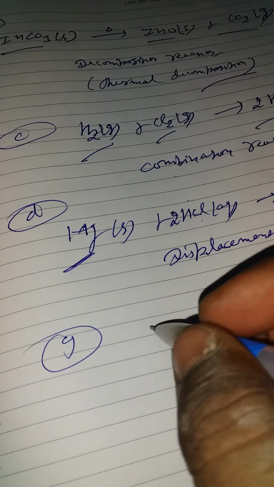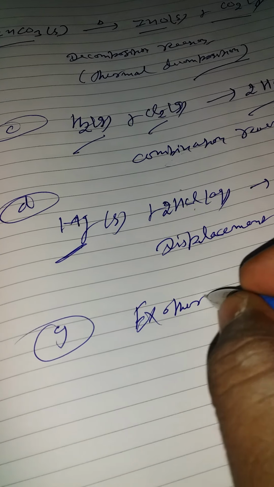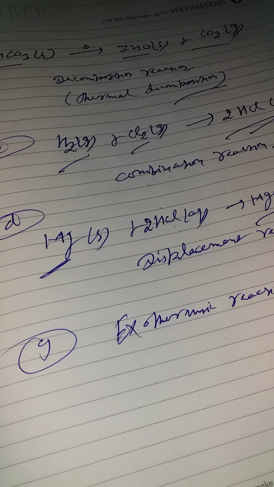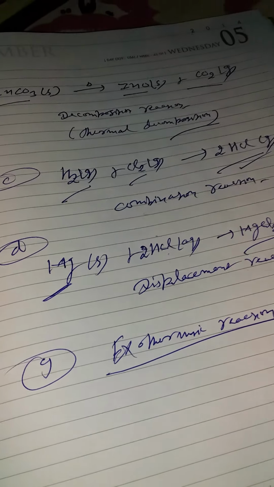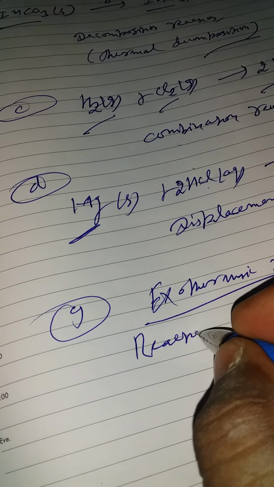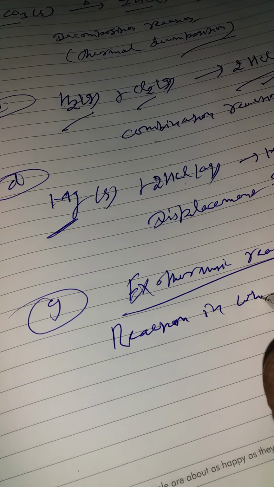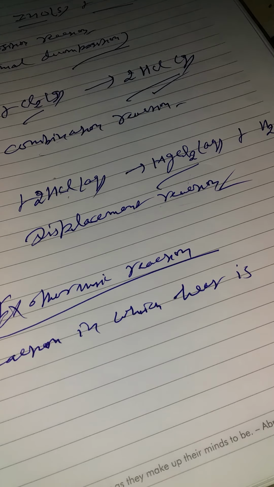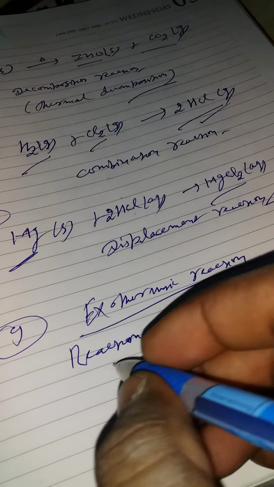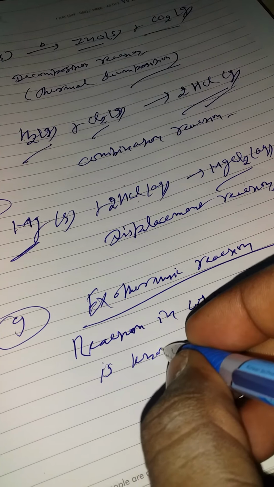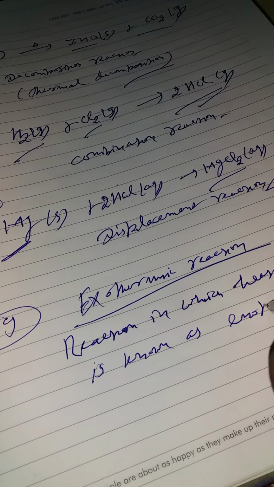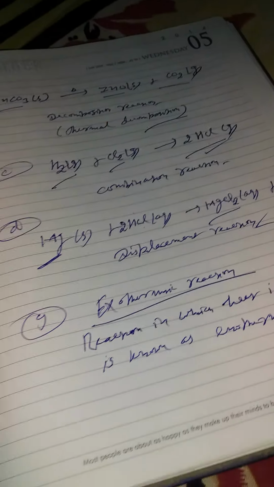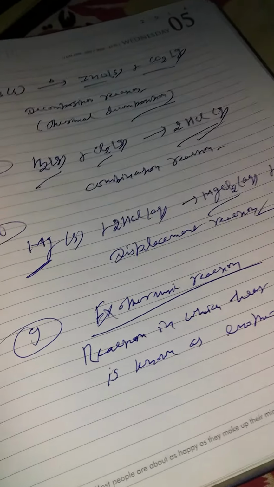So students, a reaction in which heat is released is known as an exothermic reaction. A reaction in which heat is released is known as an exothermic reaction.